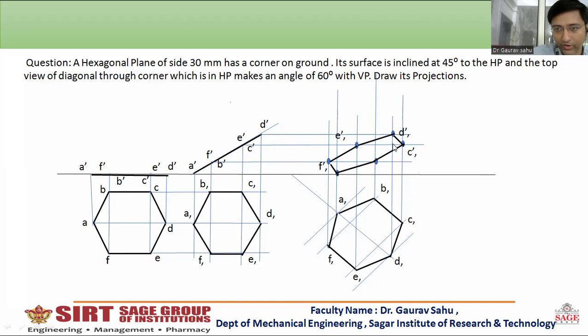From C dash you get a horizontal projector, and you get a new point C1 dash. Similarly D1 dash, E1 dash, F1 dash. I haven't marked it, but from A1 vertical and A dash horizontal, you will get A1 dash over here, and from B1 top and from B dash you will get B1 dash over here. After joining A to B, B to C, C to D, and D to F, you will get the loop over here, and this will be the sixth diagram in this series.